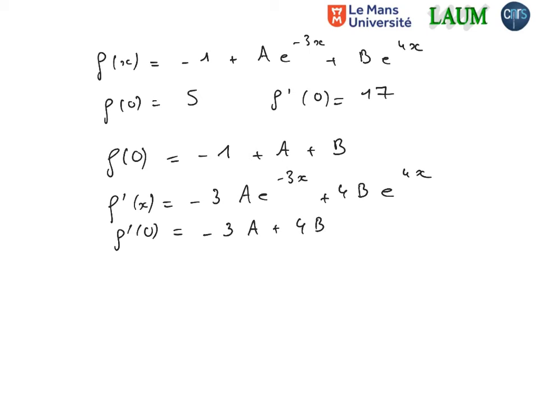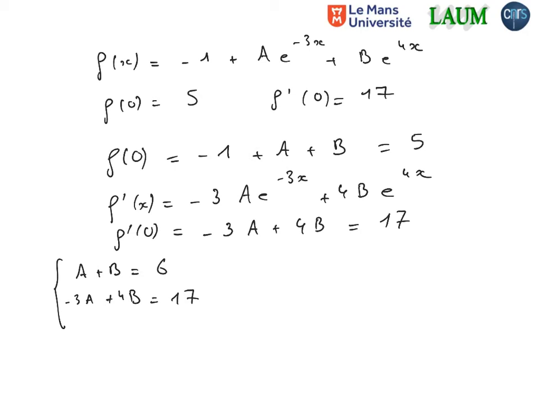This is equal to 17 and the other is equal to 5. So we have two equations and two unknowns: a plus b is equal to 6, and minus 3a plus 4b equal to 17.